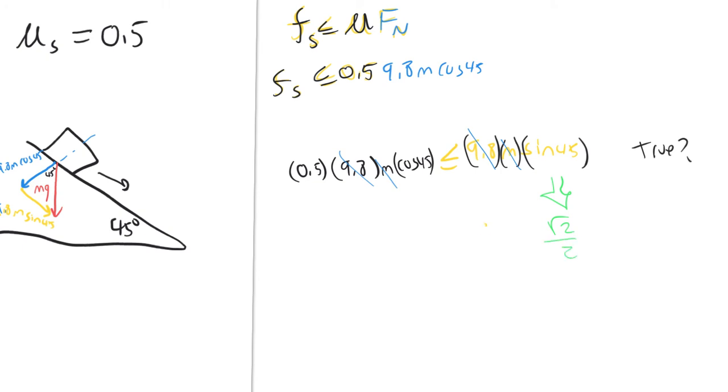So the question is, is that greater than 0.5 times cosine of 45? Now cosine of 45 is also radical 2 over 2. So already you can see this is greater, because this is half of radical 2 over 2, whereas this is just radical 2 over 2. So this is greater. So it checks out.